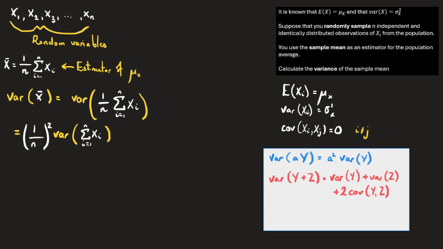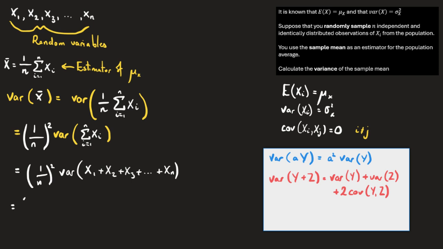Now we can represent that in this case as the variance of x1 plus x2 plus x3 plus all the way up to xn, and we've got the variance of the sum of n random variables. So we can apply this rule that we've seen over here, and we can represent this variance of a sum as the sum of all of the variance terms plus 2 lots of all of the covariance terms.